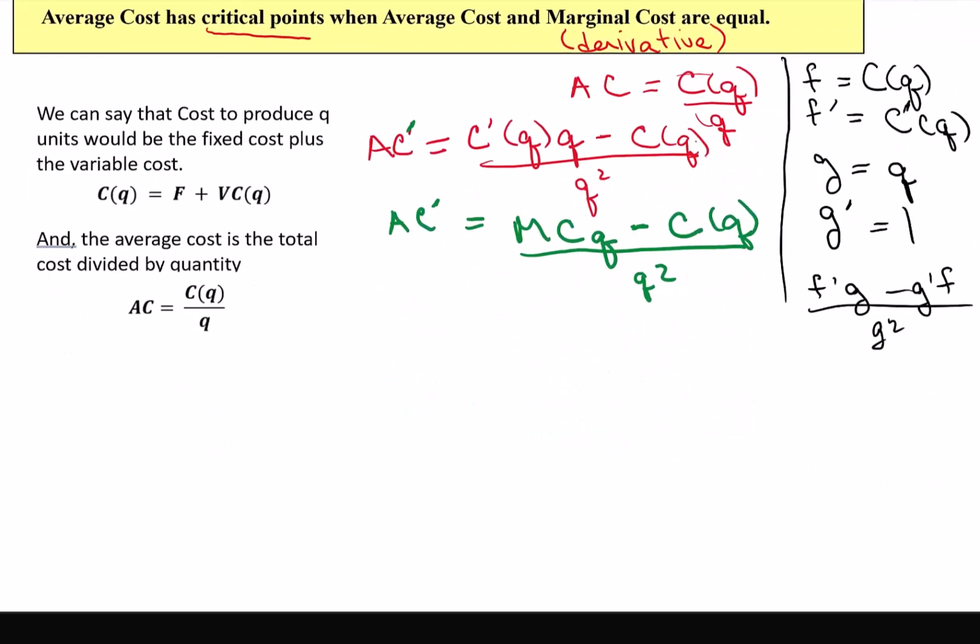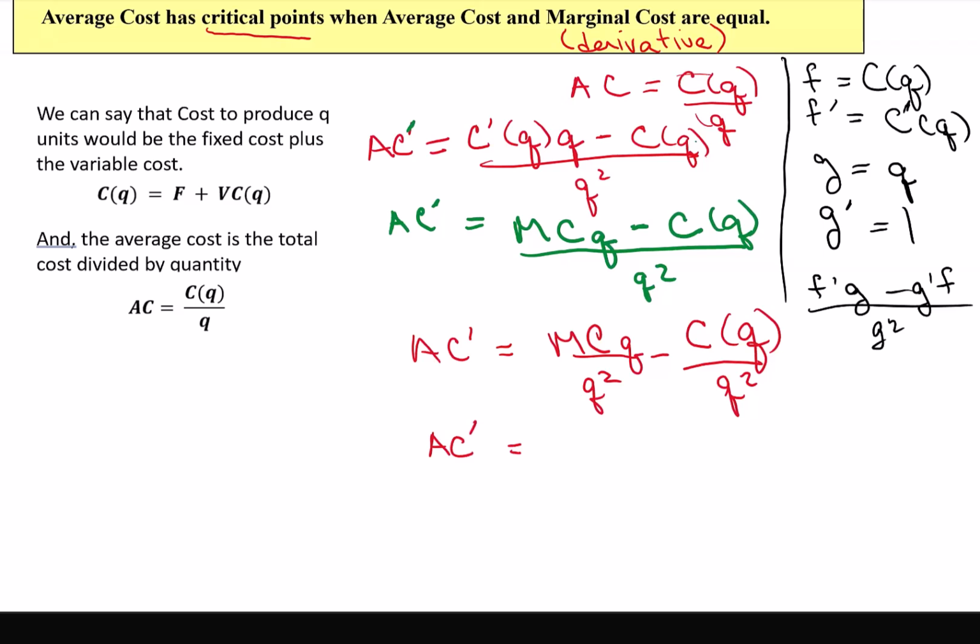Now my next step, AC prime, the derivative of the average cost, is equal to MC, marginal cost, and I'm going to separate this one fraction into two fractions. I can cancel one of the Q's.